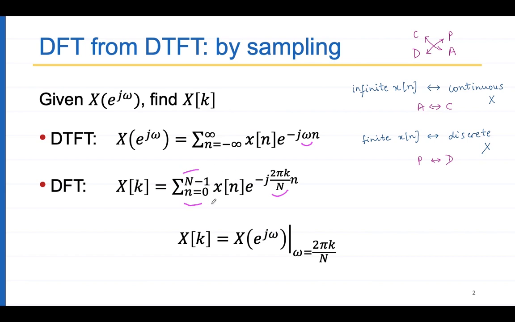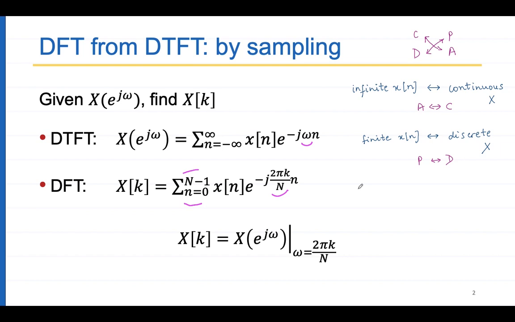We only need to worry about the single cell which is repeating, and that cell is n equal to 0 to capital N-1. So since we have a finite x[n], or a periodic x[n] with a finite single cell, from periodic we go to discrete. That is why my capital X is discrete in nature. So periodic x[n] leads to discrete capital X.